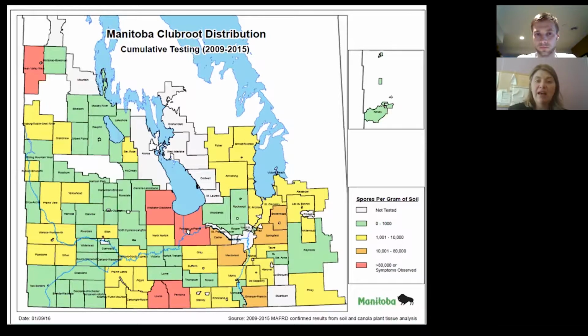They have actually developed the protocol to test down to 1,000 spores per gram of soil, so very, very low concentrations. And we felt that we should probably do a baseline study throughout the entire province.